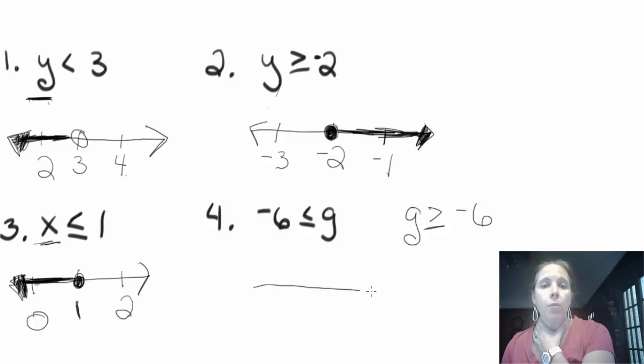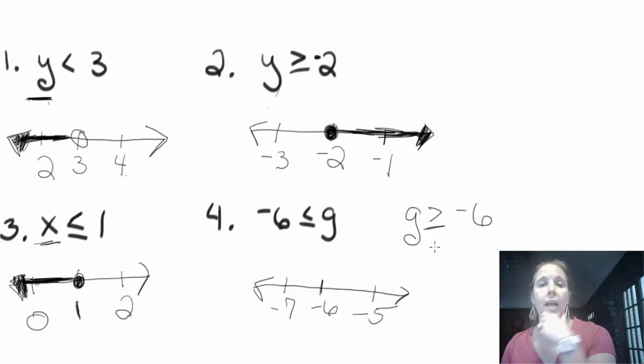But again, remember, we are graphing what the G is representing. So you really want to read it from the G. G is, you're representing all numbers greater than or equal to -6. -7, -5. Okay, if you looked at it this way, G is greater than or equal to -6. You're wanting to say, what numbers is my G representing?